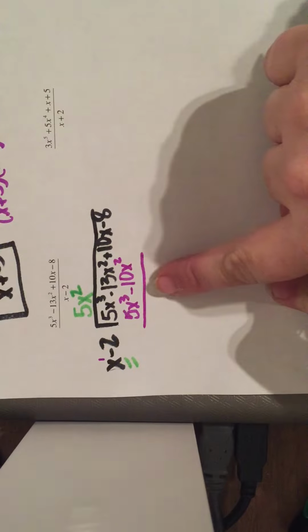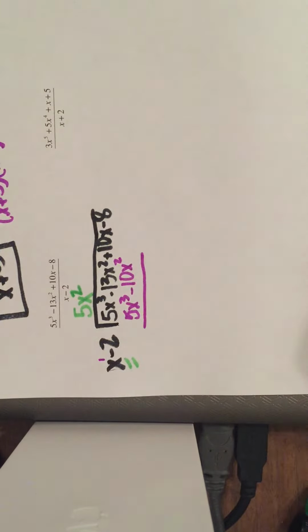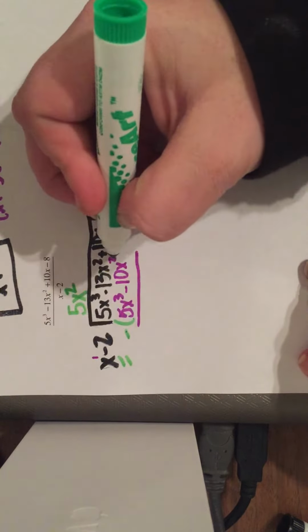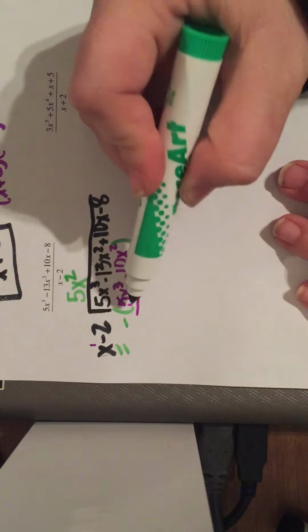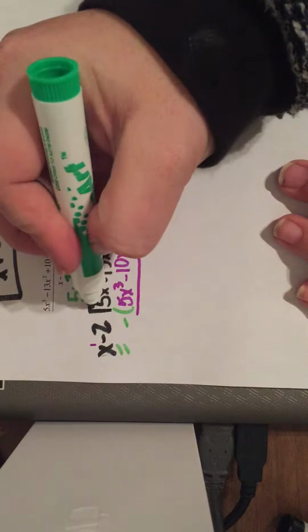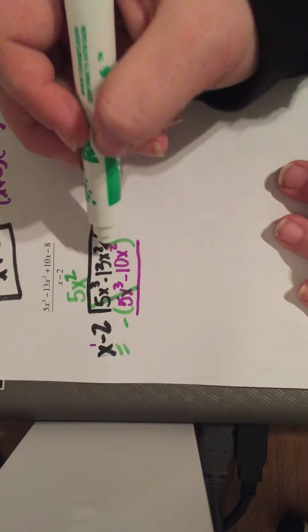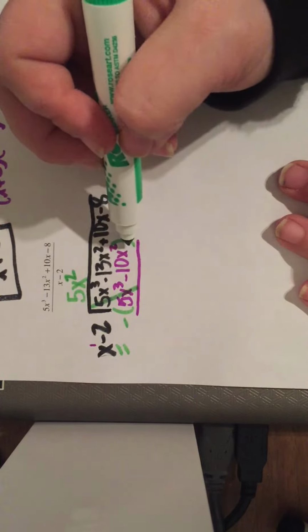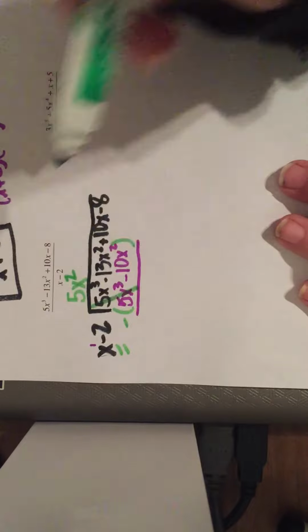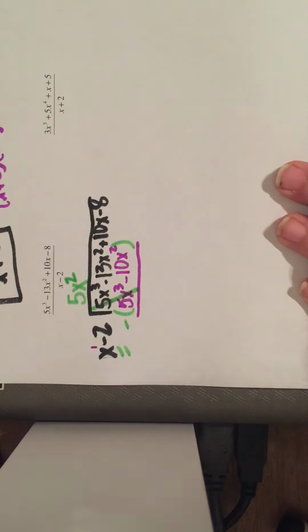Now, as you remember, right here when we've got our terms lined up, we're going to have to do some subtraction. So 5x to the third minus 5x to the third, well, those terms are going to cancel. And negative 13x squared minus negative 10, well, minus negative is the same thing as plus positive, okay?